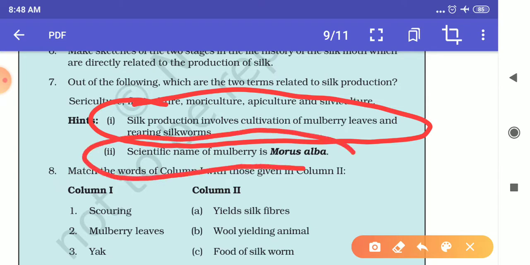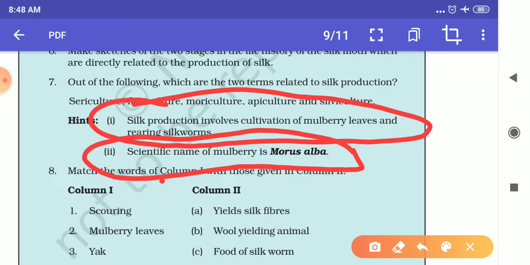for sericulture, for rearing of silkworms, we need food for them. And what do these silkworms eat? They eat mulberry leaves. Therefore, to get mulberry leaves, you have to cultivate mulberry trees also. And that is the hint given here, the mulberry leaves. The scientific name of mulberry is Morus alba.